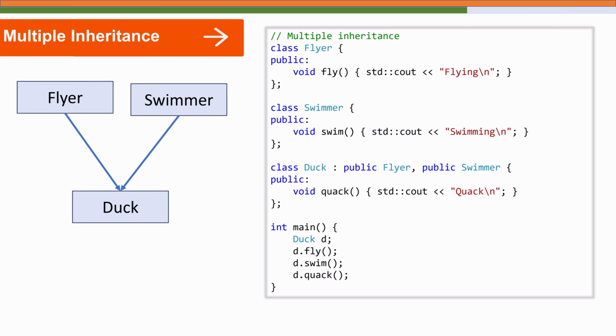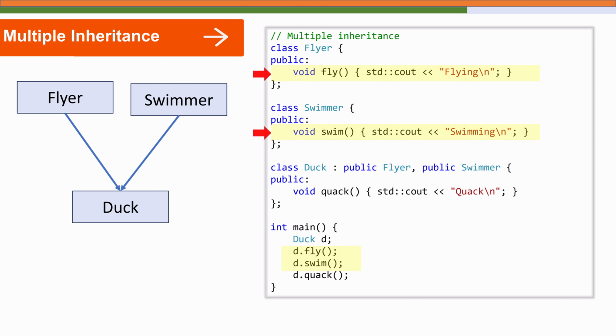Next is multiple inheritance. So multiple inheritance lets a class inherit from more than one base. It is powerful but can be more complex, especially when the bases share members, the diamond problem. We will look into that problem in a moment. So you use multiple inheritance when a class truly is both of two different types.